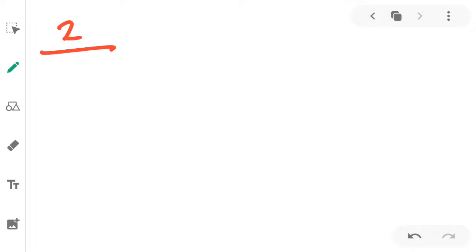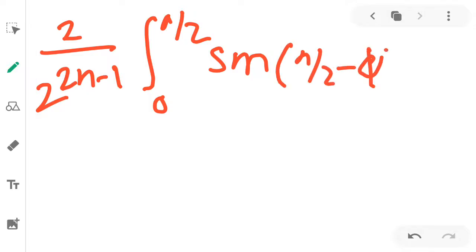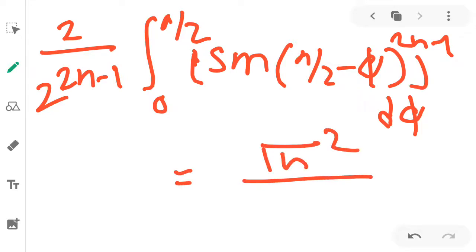2 upon 2 to the power 2n minus 1 integral 0 to pi by 2 sine (pi by 2 minus phi) whole power 2n minus 1 d phi. What will this be? This is equal to gamma n square upon gamma of 2n. Okay, this will become cos phi.